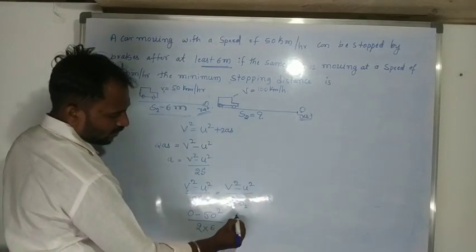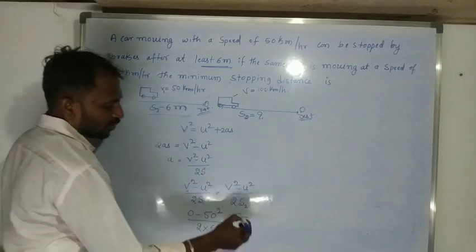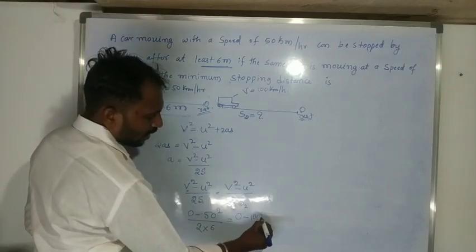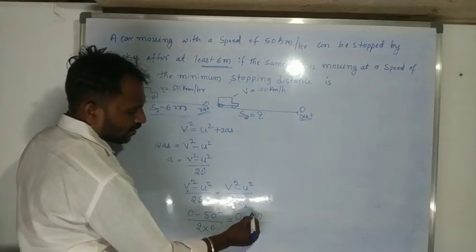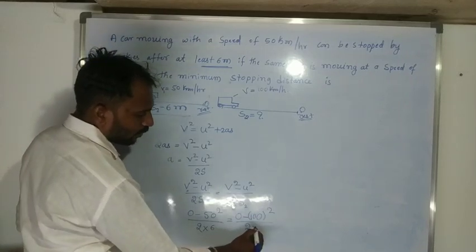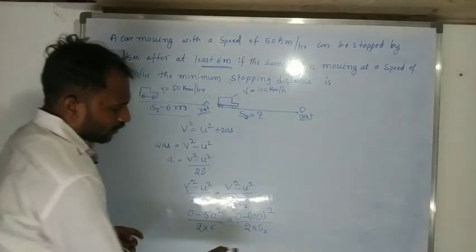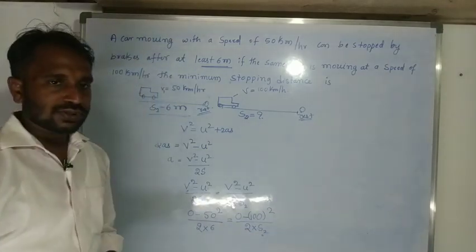So 0 minus the initial velocity of 100 km/h, it means 100 whole square divided by 2 into s2. We want to calculate this s2 value.